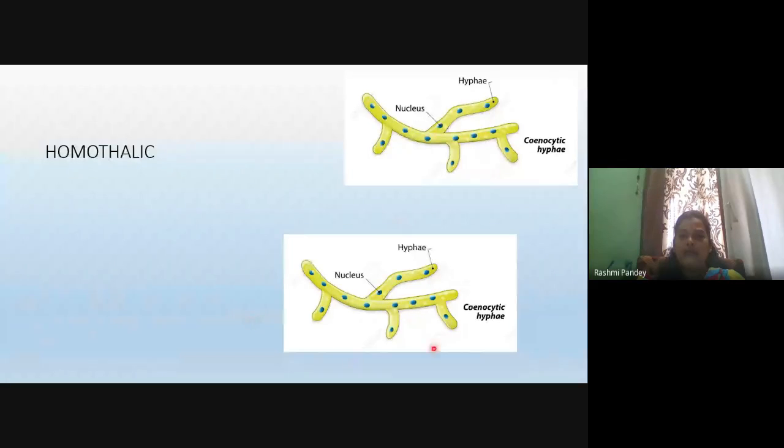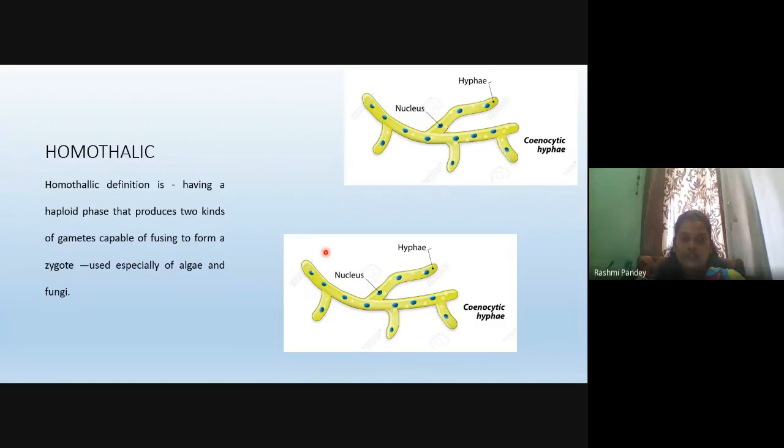Now here they are both exact copies of each other, and they can go for syngamy or meiosis and for sexual reproduction, giving rise to a new variant in the same species. So it is defined as having a haploid phase that produces two kinds of gametes which are capable of forming a zygote.